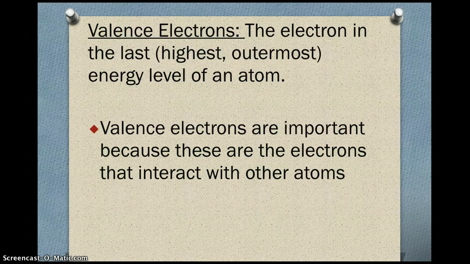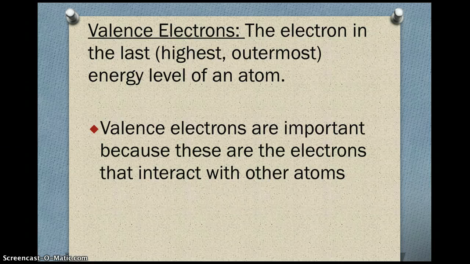All right. Valence electrons are important because these are the electrons that interact with other atoms. So atoms stick to one another. Hydrogen atoms stick to hydrogen atoms, stick to all kinds of atoms, carbon atoms stick to oxygen, and those are what things are actually made of.